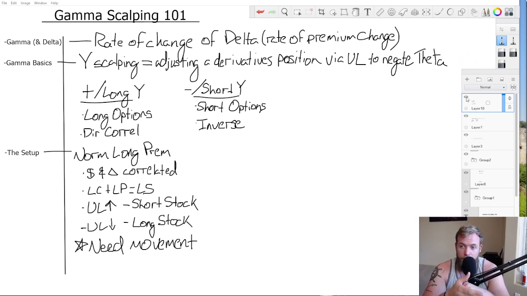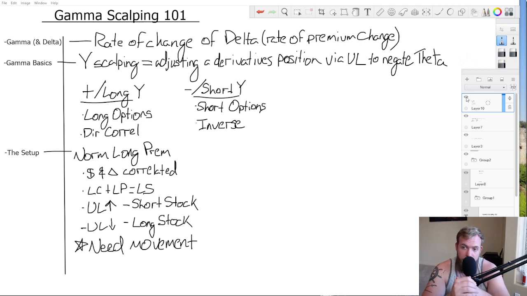If you have a long straddle and the market is just chopping along sideways, gamma scalping becomes next to impossible because there's no moves for you to successfully trade between, because your deltas aren't moving at all. So a lot of people will try to prematurely start gamma scalping, in my opinion at least, and it doesn't really lead to any profit. It actually starts to cause negative drag on the overall position.